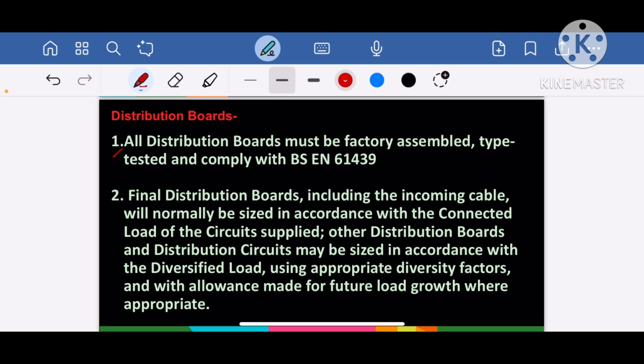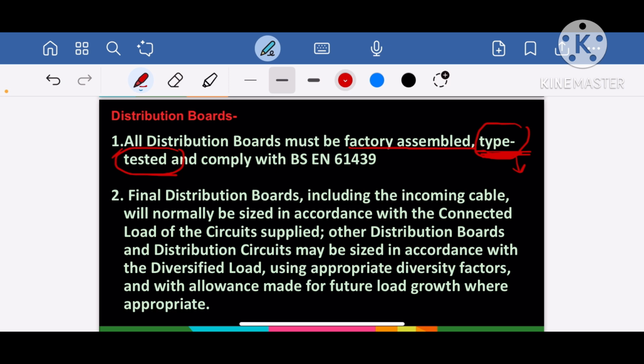The first point mentioned in the ADDC regulation related to distribution boards is that all the distribution boards must be factory assembled and there should be a type test for all distribution boards. I will cover the type test in an upcoming video because this is a very vast topic, and being electrical engineers, we should know what a type test is, because all electrical equipment, whether MV switchgear, LV switchgear, or even cables, requires a type test.